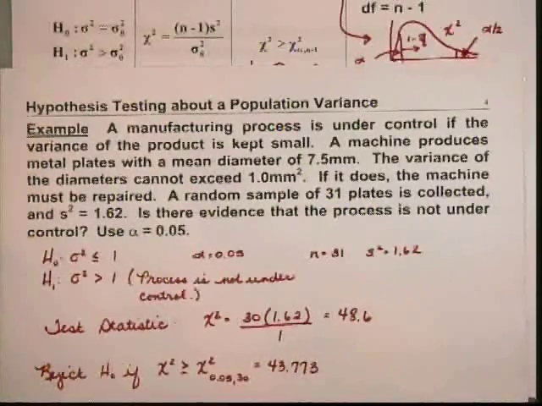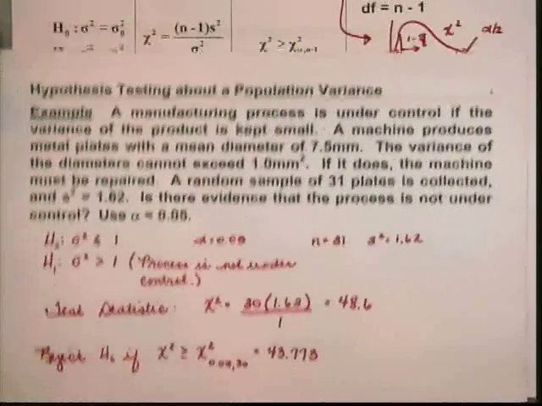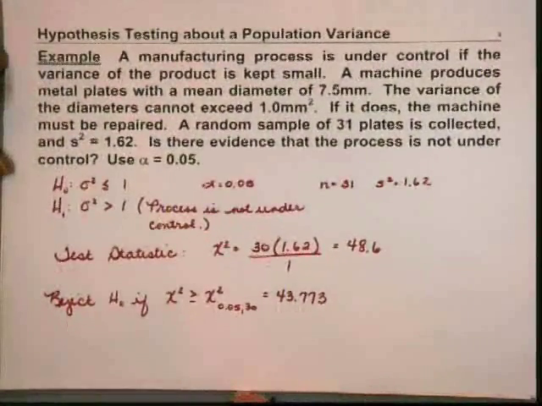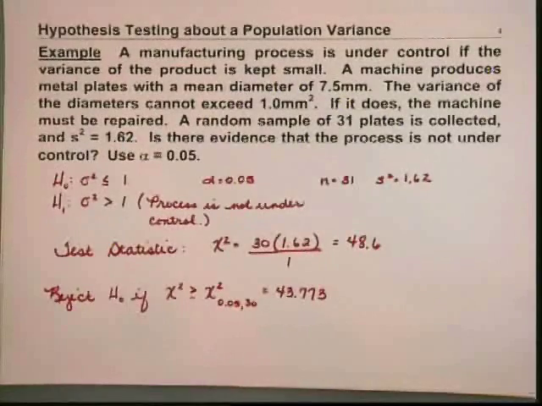Does everyone agree? All right, so how did we do? What's our decision? The process is or is not under control? Is not. The simple conclusion that I don't want you to write is that you're rejecting the null hypothesis.